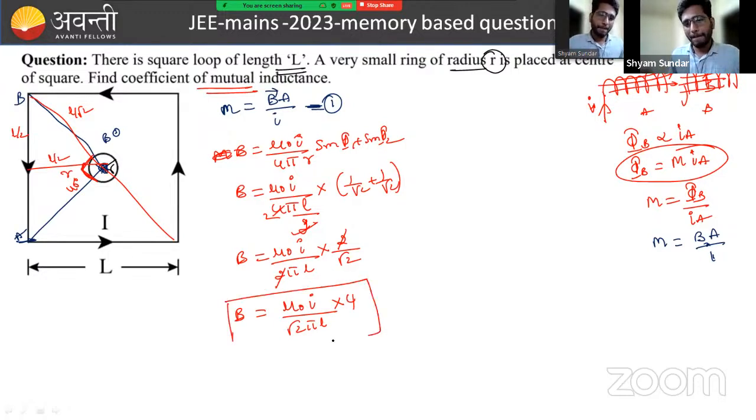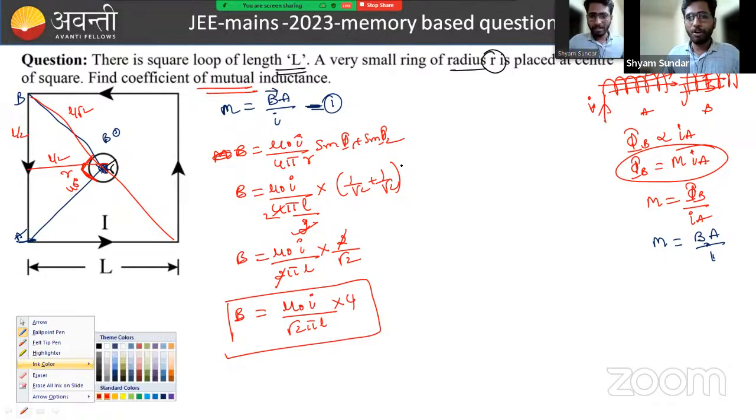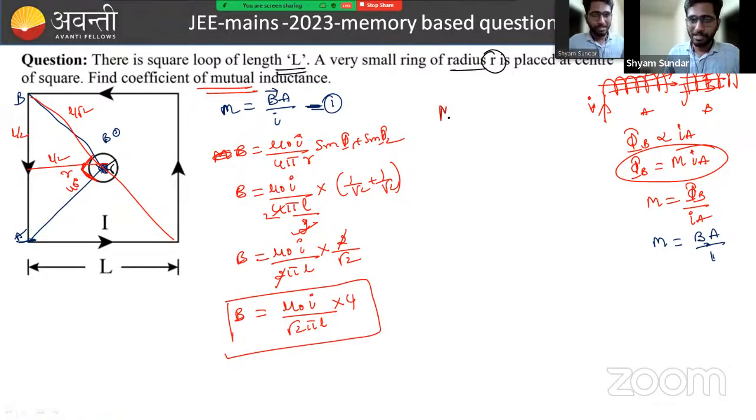This is the magnetic field intensity created at the center of the ring, where we place the 4 length wires at the 4 corners. Right? Now we have to calculate the value of mutual inductance. M is equal to B calculated, mu naught I divided by root 2 pi L, into 4 into pi r square.